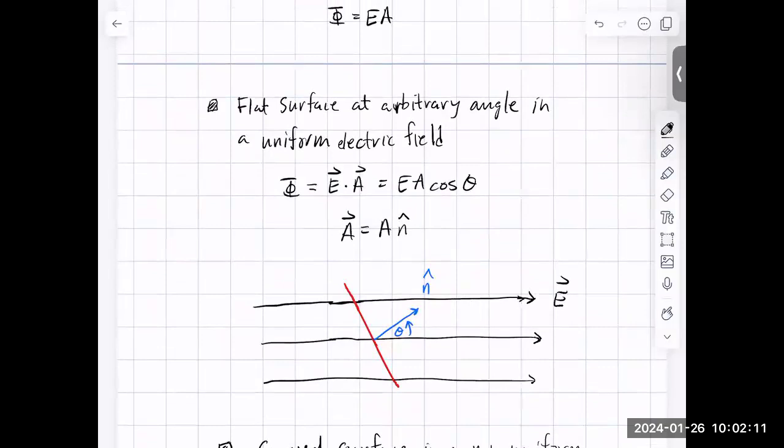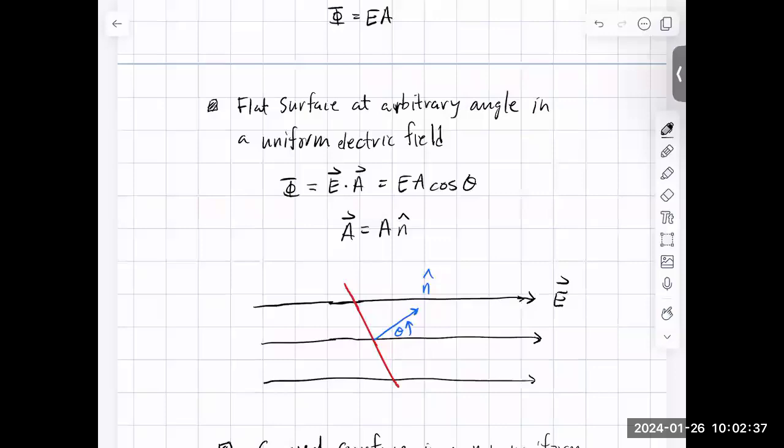What we ended up doing was defining a unit vector n hat. It's also called a normal unit vector because it's perpendicular to the surface. And we use that normal vector to define this area vector. The magnitude of the area vector is just the area of the surface, and the direction is perpendicular to that surface.